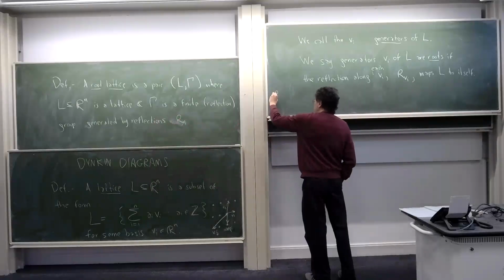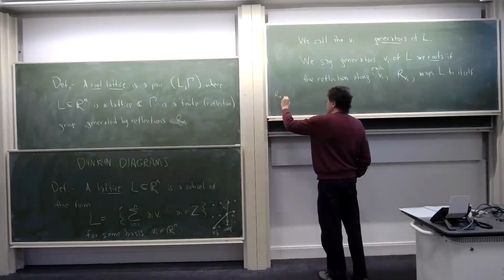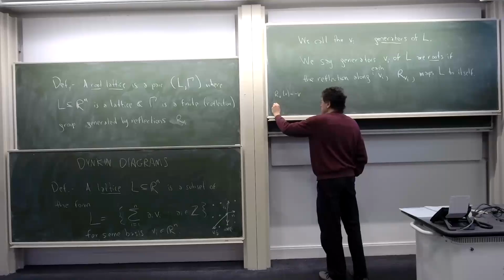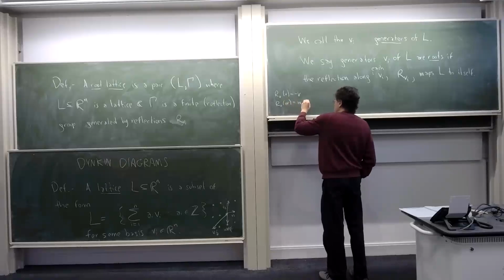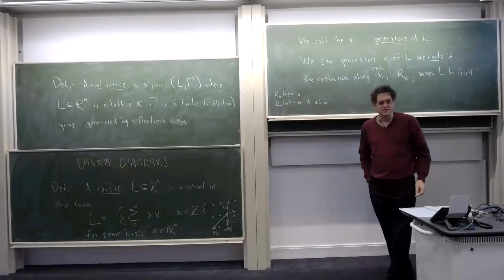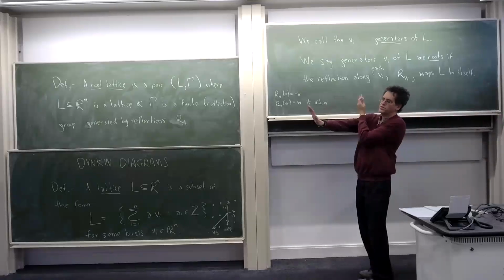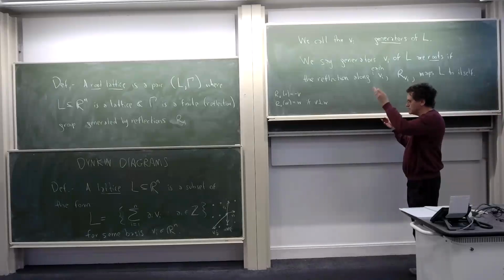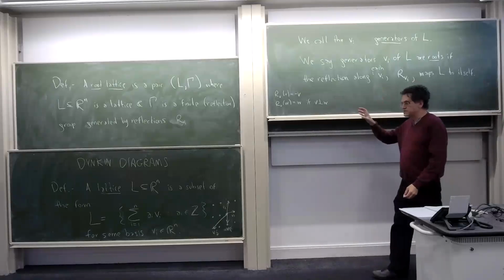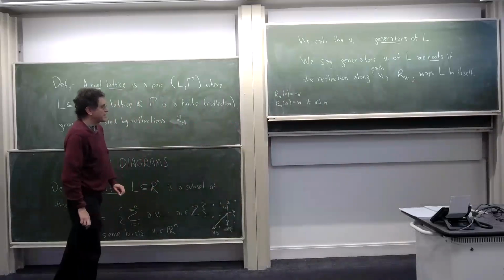R_V, I'm calling it reflection along V. It's the linear transformation characterized by the property that it sends V to negative V, and it leaves fixed all vectors that are orthogonal to V. So it's just flipping V to negative V and keeping everything orthogonal to it. Right angles, so this is an orthogonal transformation of Rn. It's uniquely specified by that.